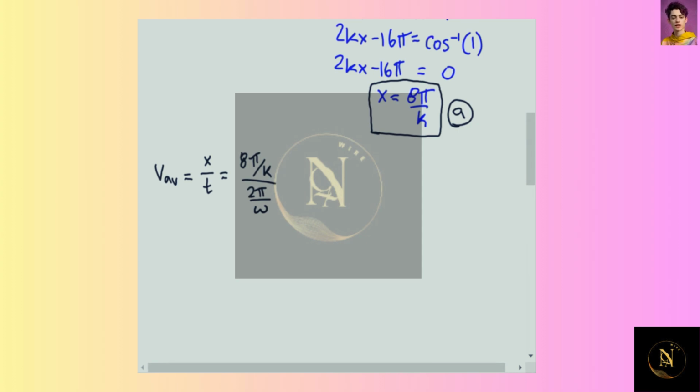The pi's will cancel out, and 8 divided by 2 will equal 4. So on the numerator we have 4 over k, and on the denominator we have 1 over omega. We can multiply the top and bottom by omega, and we find that our average speed is 4 omega over k. And this is our answer for part B.